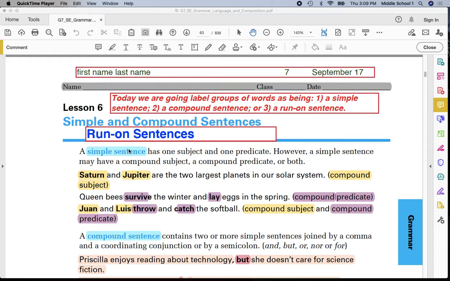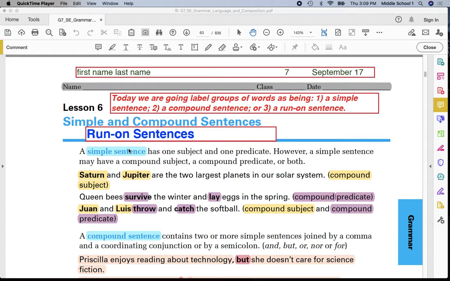We call that compound. This is not to be confused with a compound sentence. They are simple sentences with compound subjects, or simple sentences with compound predicates. Let's look at some examples.